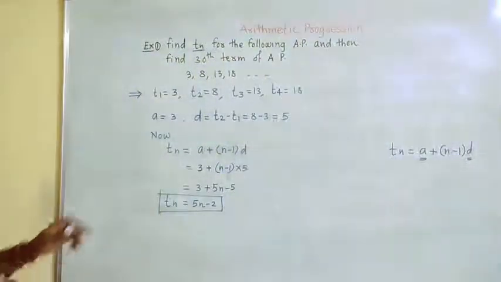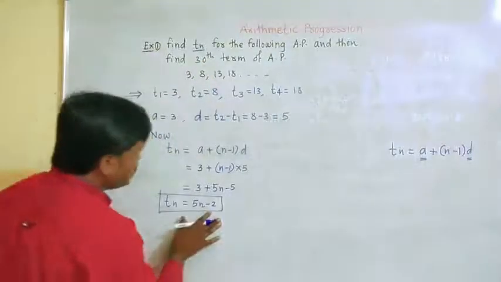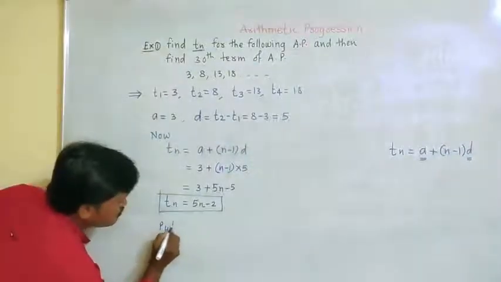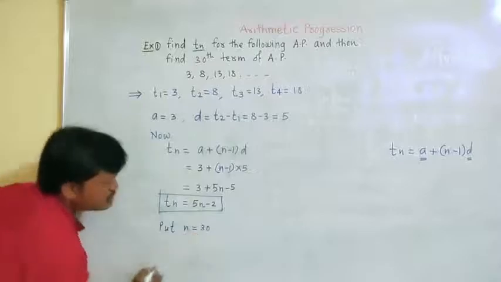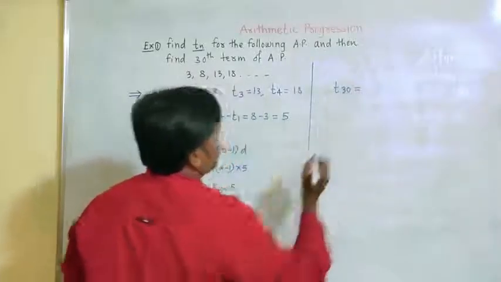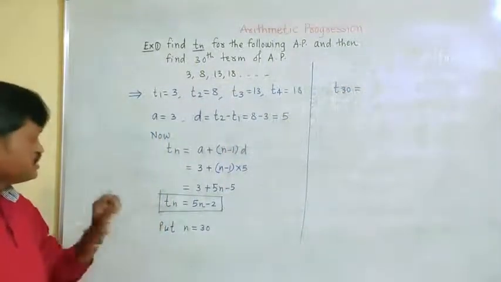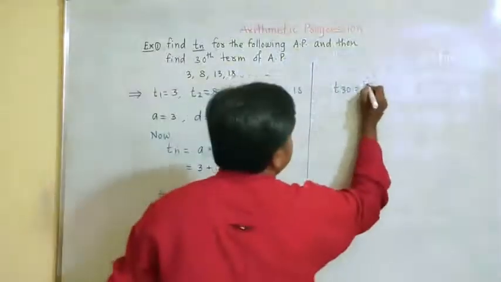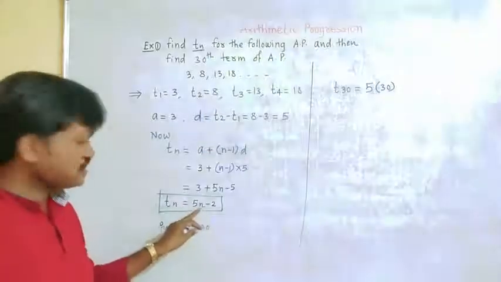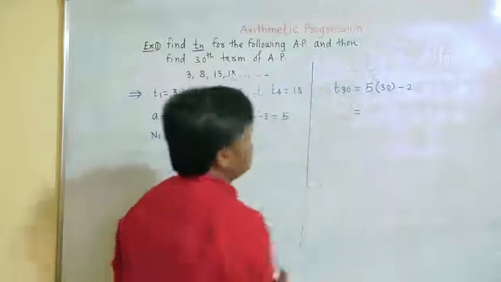Now we want the 30th term. That means in this formula you put n is equal to 30. So what do you get here? T30 is equal to 5 into 30 minus 2, because it is 5n.